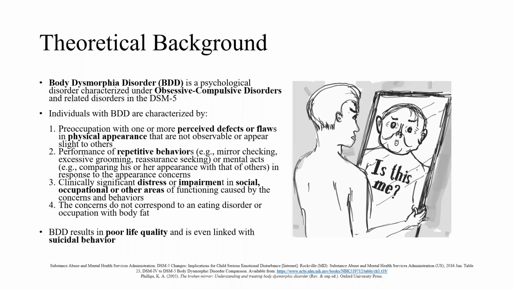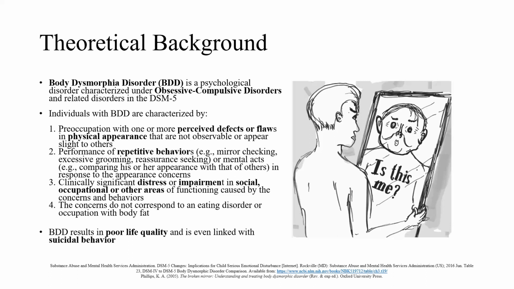So individuals with body dysmorphic disorder are characterized by first a preoccupation with one or more perceived flaws in their appearance that appear to themselves really big, but to others they don't really notice it at all, or they appear minor. And this leads the individuals to engage in repetitive behaviors, for example, mirror checking or reassurance seeking in response to their concerns about their appearance.